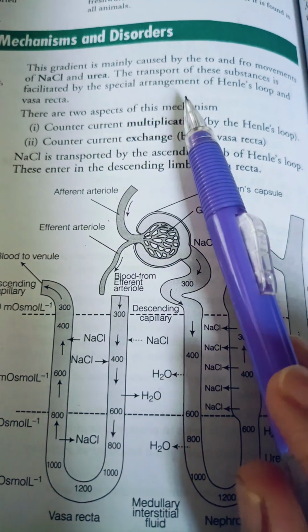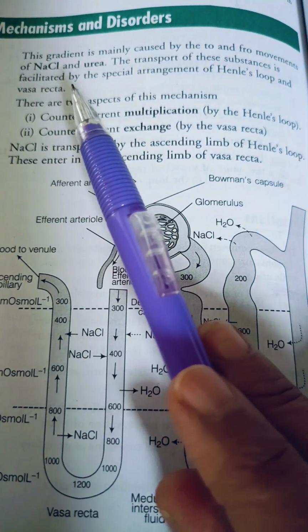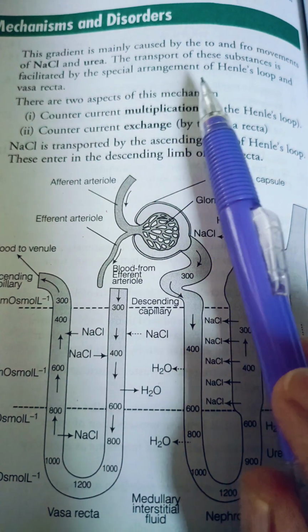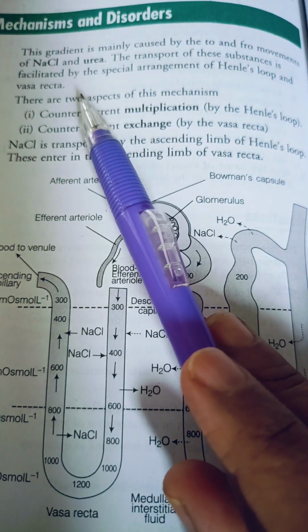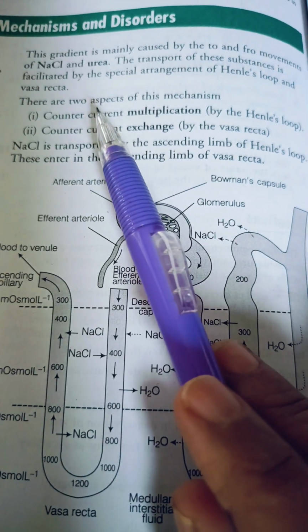The gradient is mainly caused by the to and fro movements of sodium chloride, NaCl, and urea. The transport of these substances is facilitated by the spatial arrangement of Henle's loop and the vasa recta.